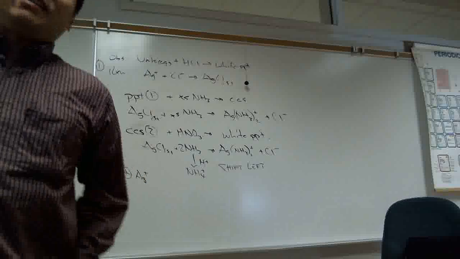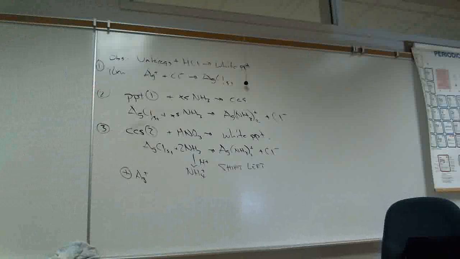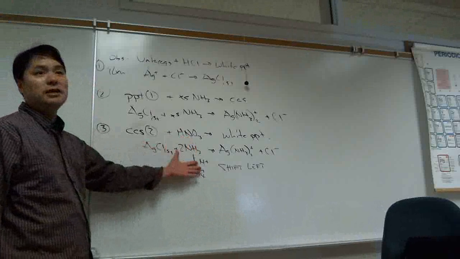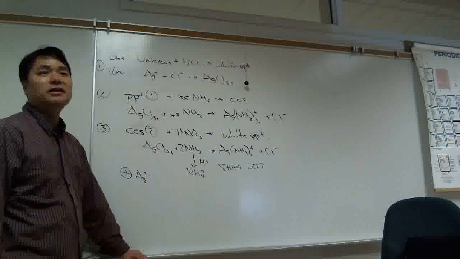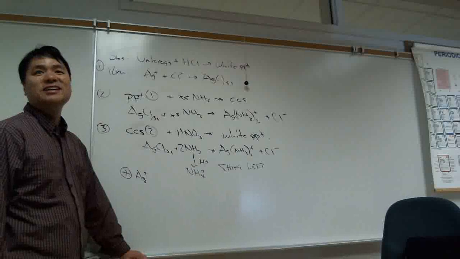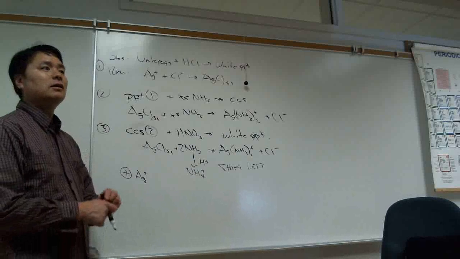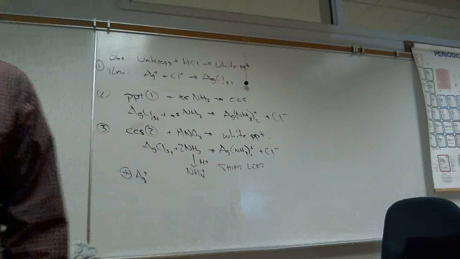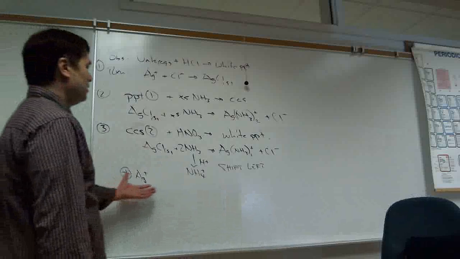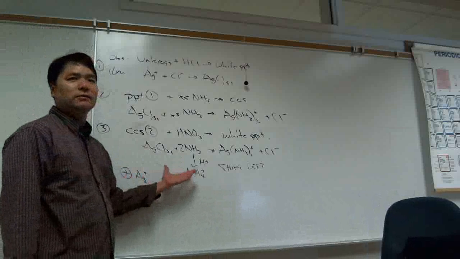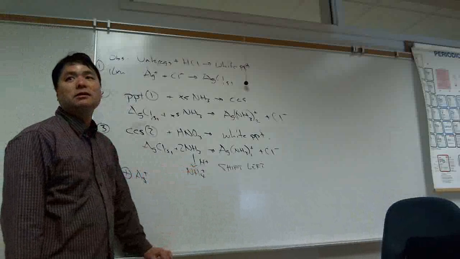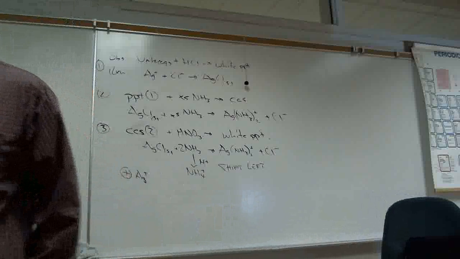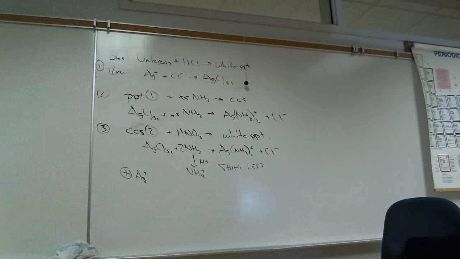What would happen if you're adding nitric acid and nothing ever precipitated out? You're waiting and waiting and nothing precipitated out. The absence of silver. Does a negative prove the absence? No. Why not? It doesn't necessarily prove it.